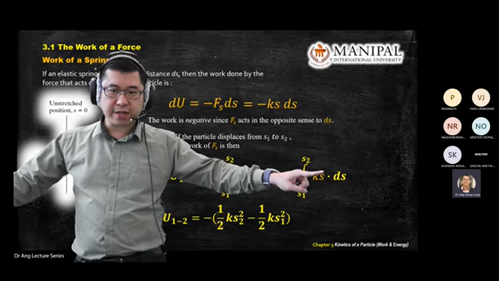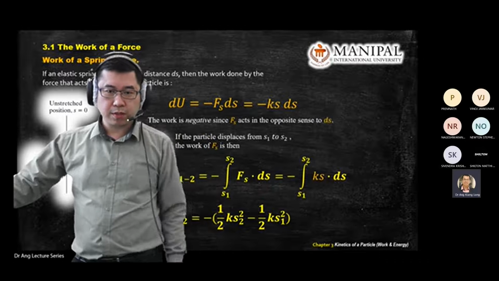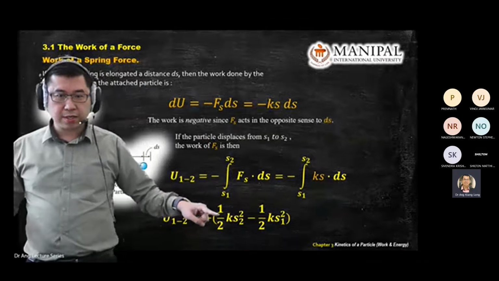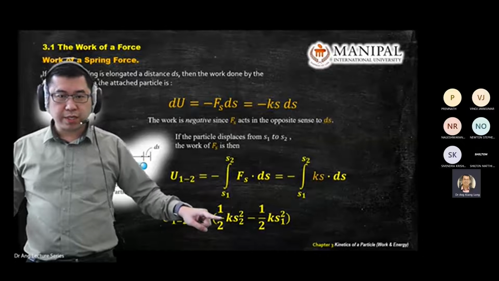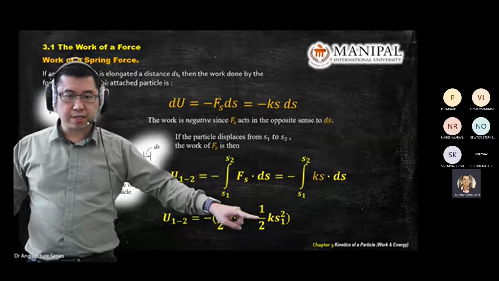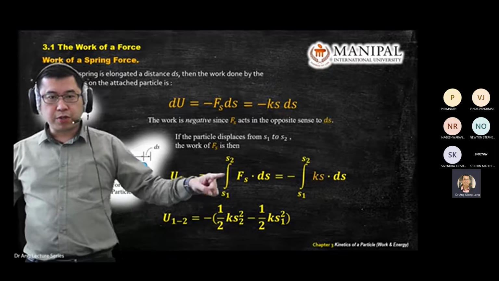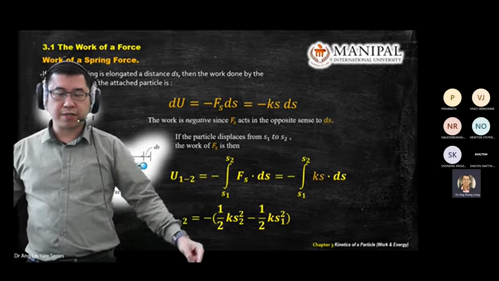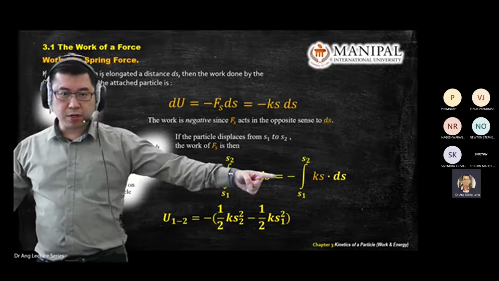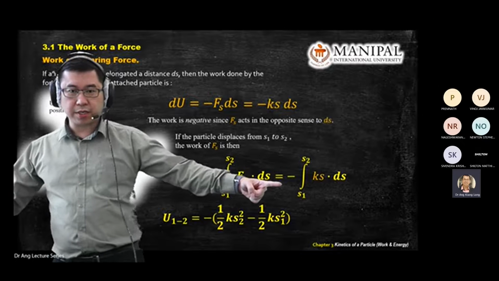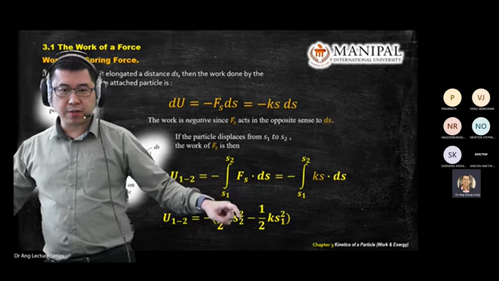S power 1, you add 1. 1 plus 1, you get 2, divided by 2. That's why you get this 1 over 2 k S squared, minus the first one. Okay, so try to polish your integration skill for this module. I'm not going to explain how to do integration in this module. So here you get this one.